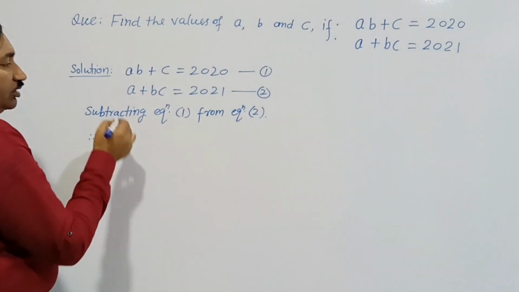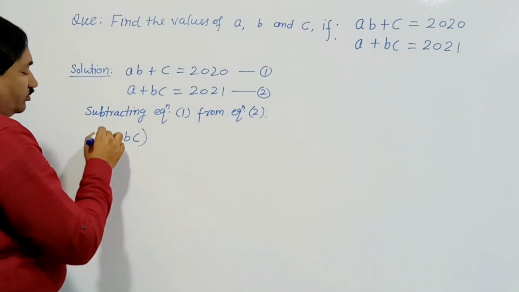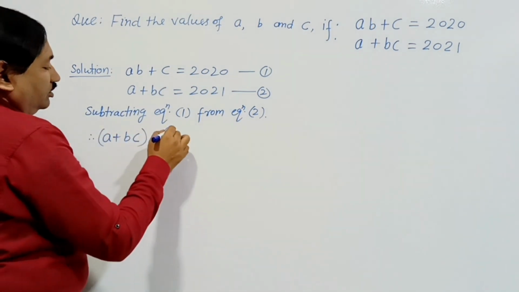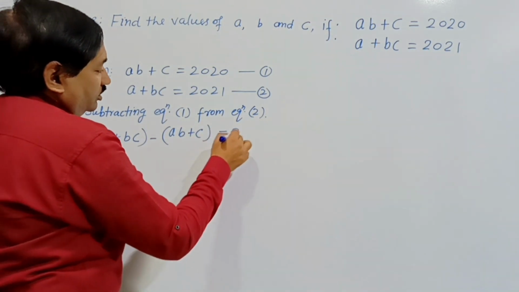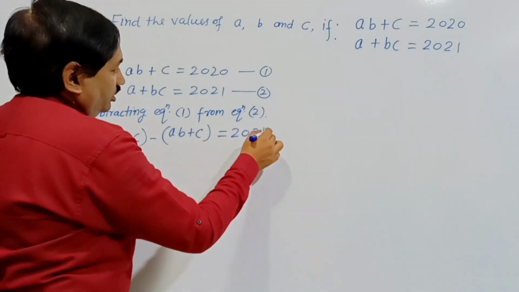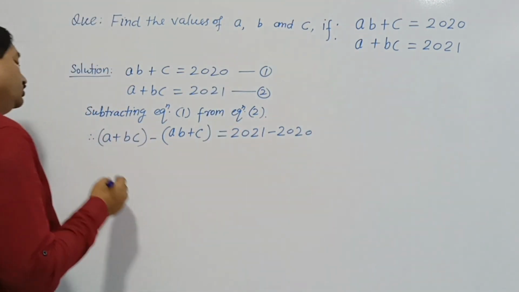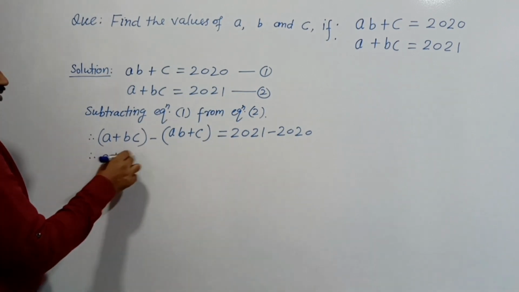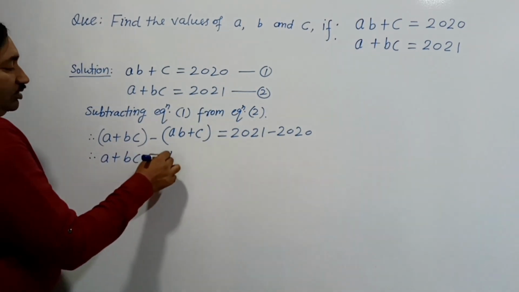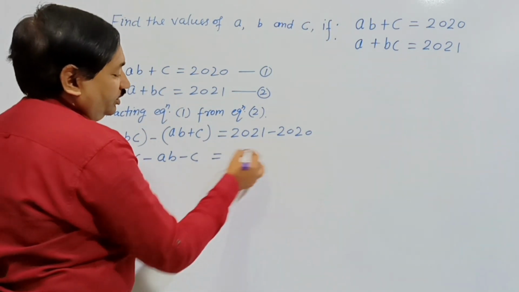So we write equation 2 first: A plus BC minus (AB plus C) equals 2021 minus 2020. Therefore A plus BC minus AB minus C equals 2021 minus 2020, that is 1.